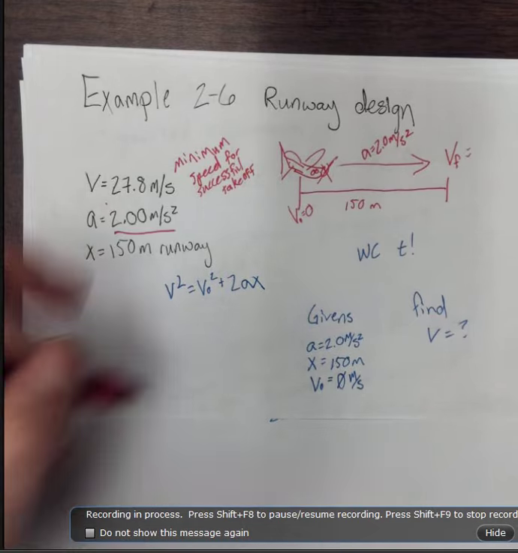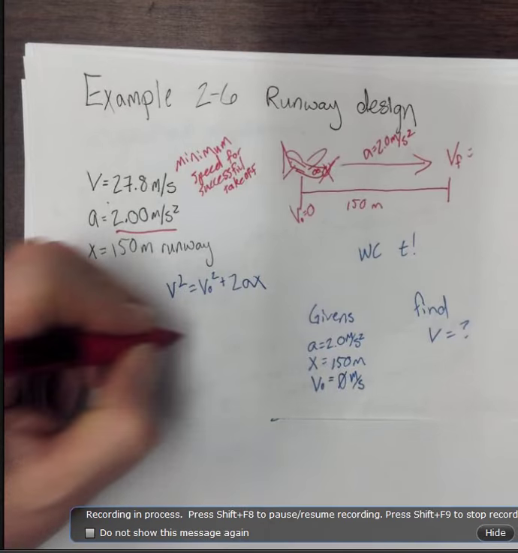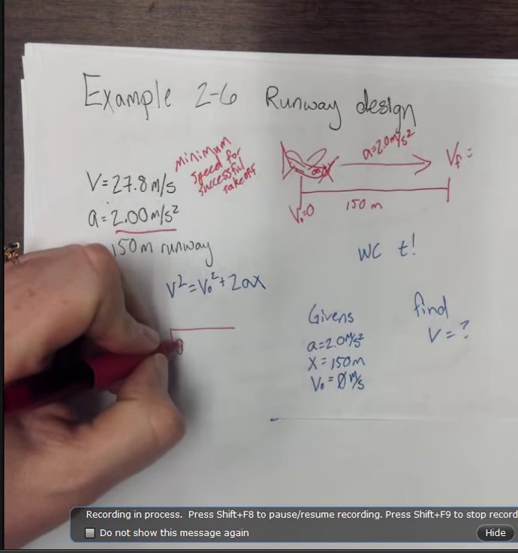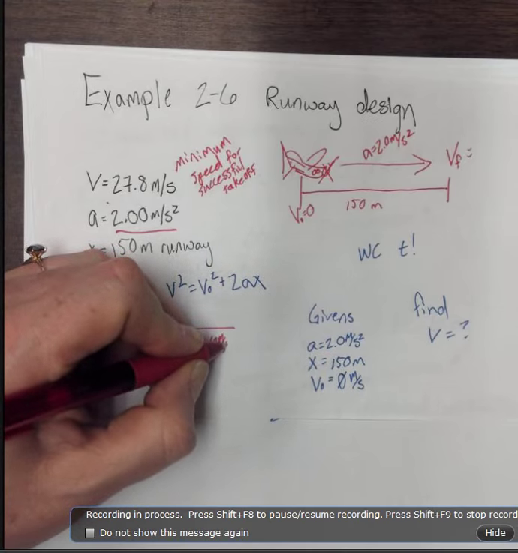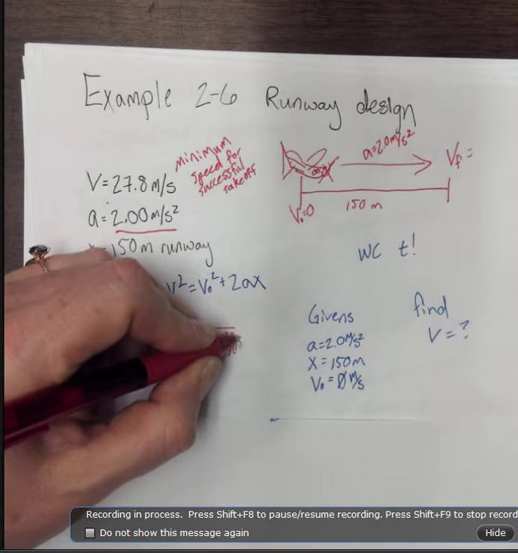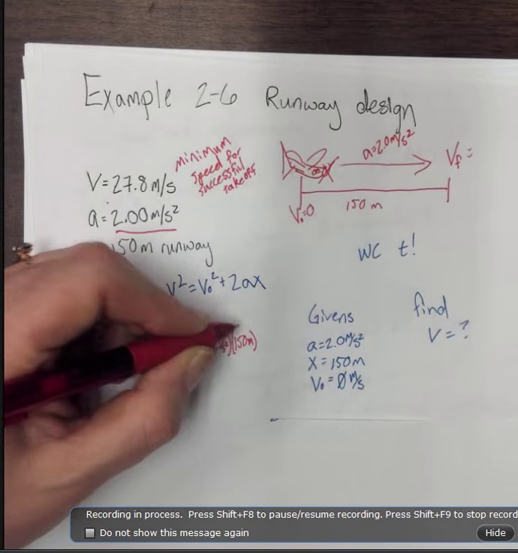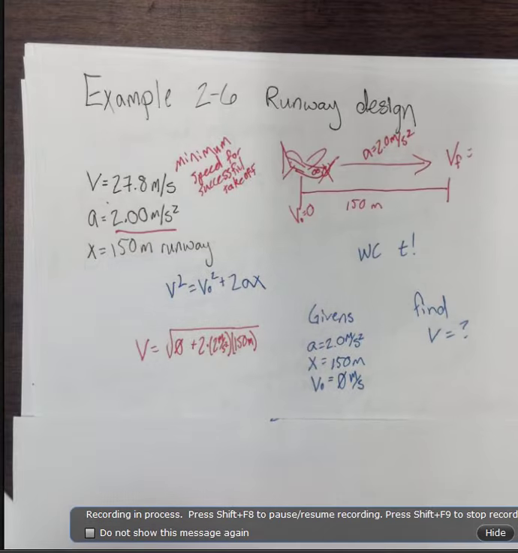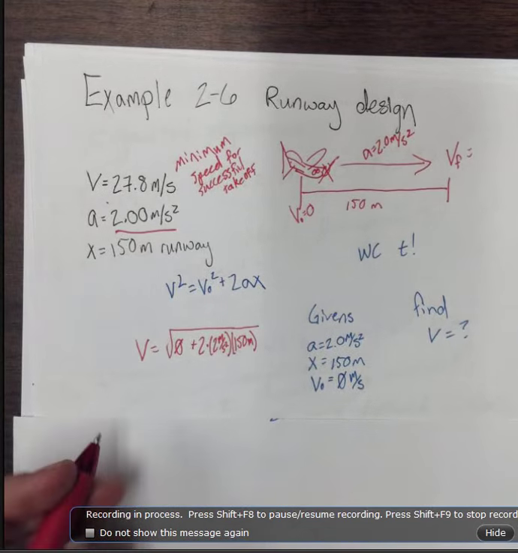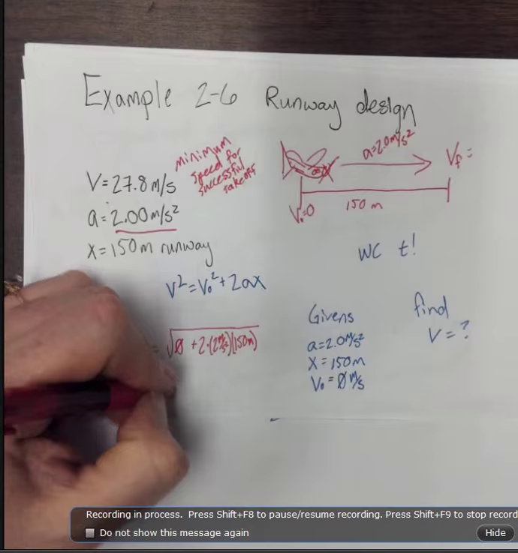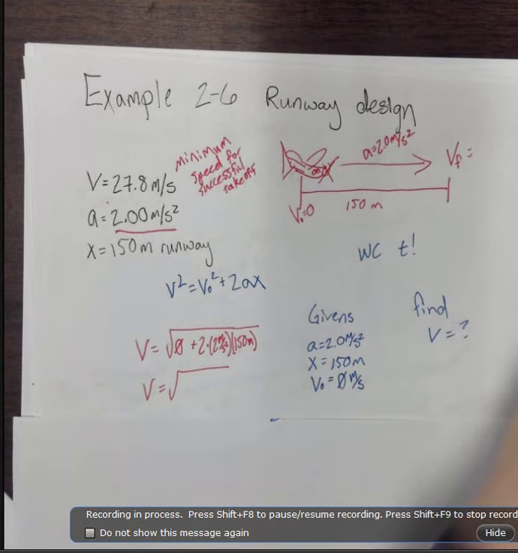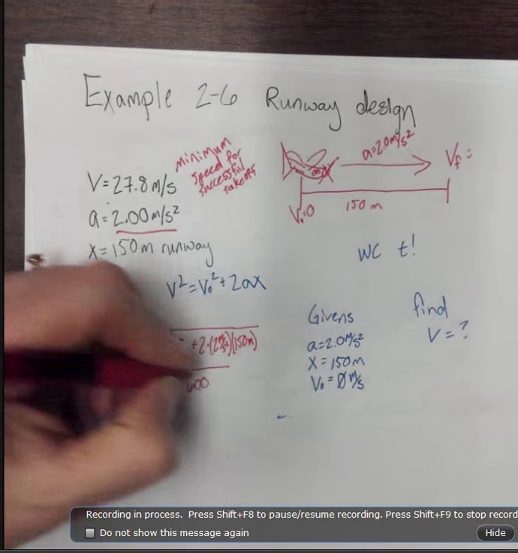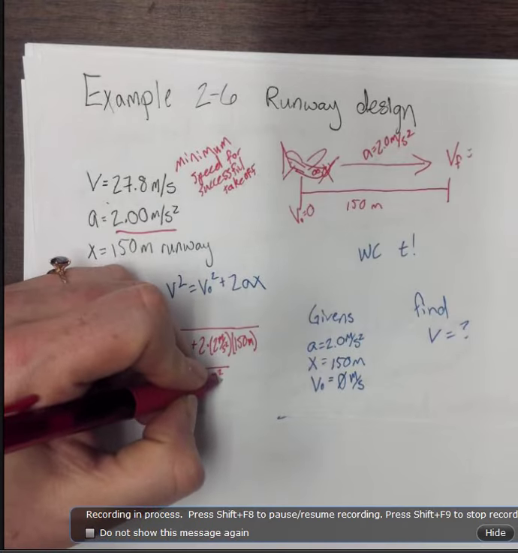So here we go. V is going to equal the square root of 0 plus 2 times 2 meters per second squared times 150 meters. So I end up with velocity equals the square root of 2 times 2 is 4, 4 times 150 is 600, and my units are meters squared per second squared.